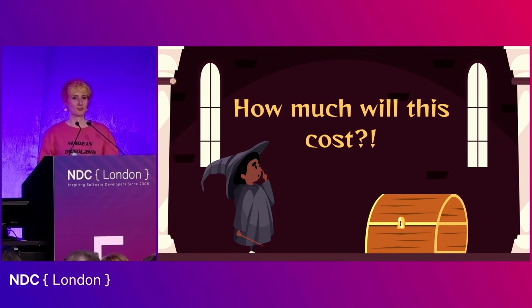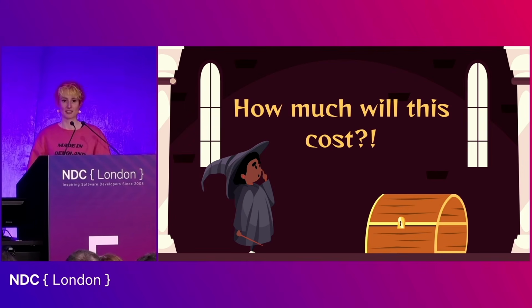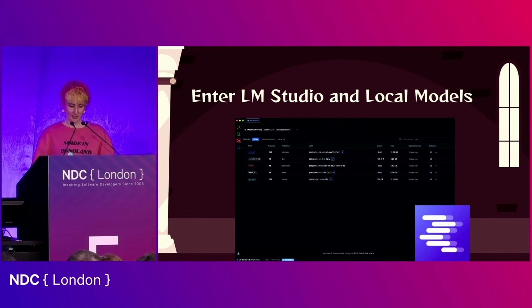We can remove our dependency on external APIs and regain control a little bit of our budgets. We can potentially iterate faster without worrying about using up tokens. We can deploy offline, and we can build systems that are a little bit more sustainable. In a world where generative AI is often framed as extractive, that really matters.